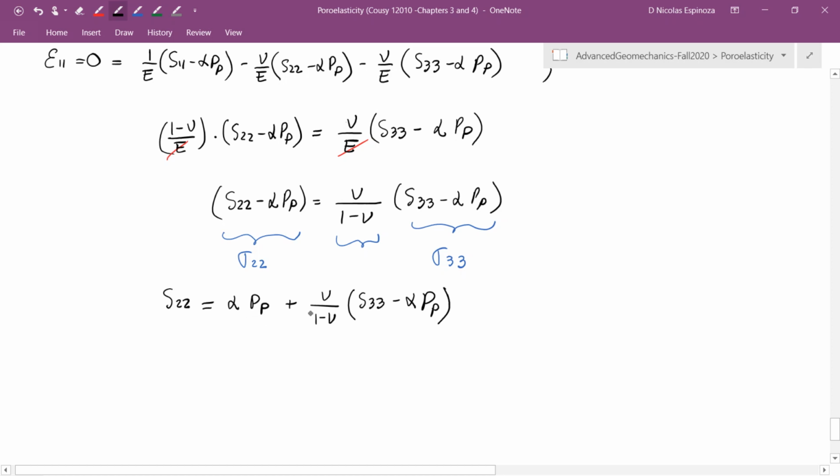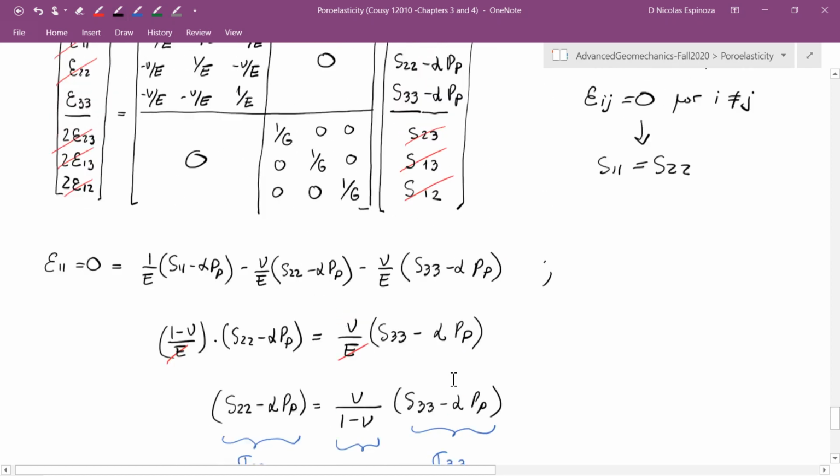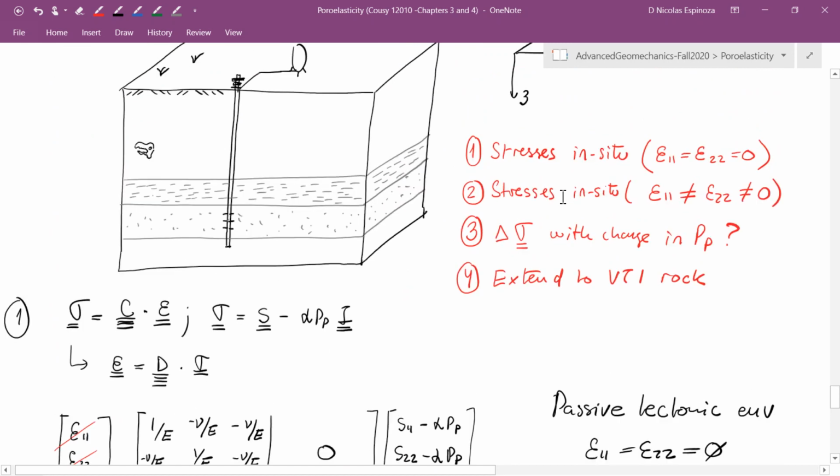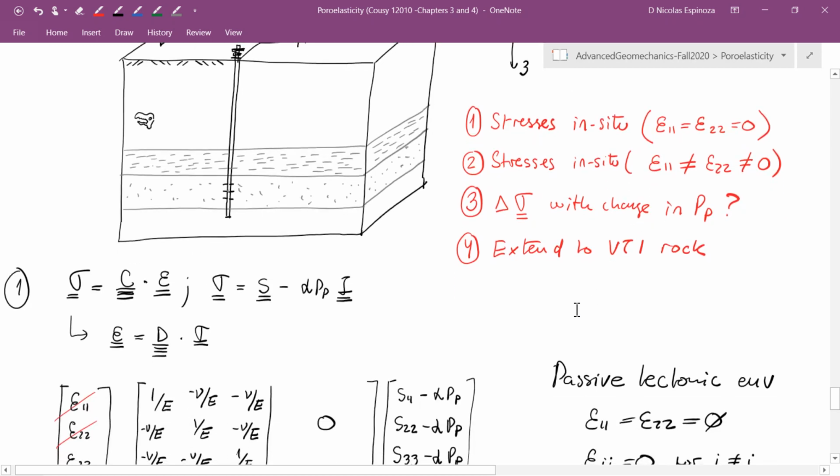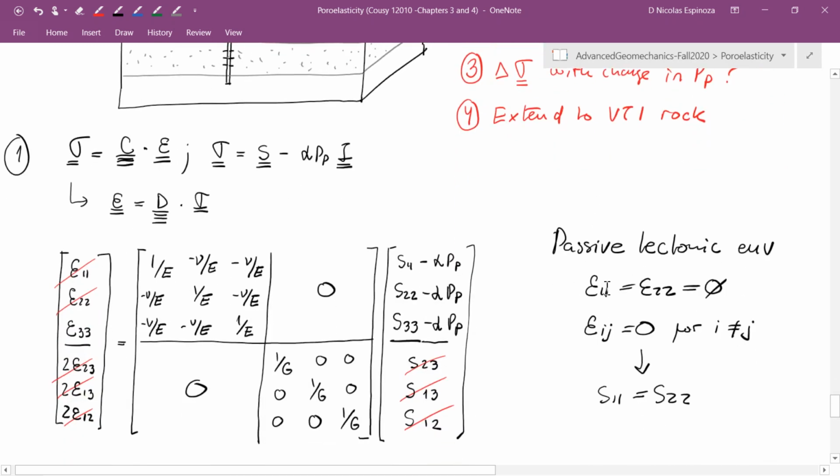And getting to here, we have already solved problem number 1. What is the stress in situ, effective and total, in a tectonic environment setting?